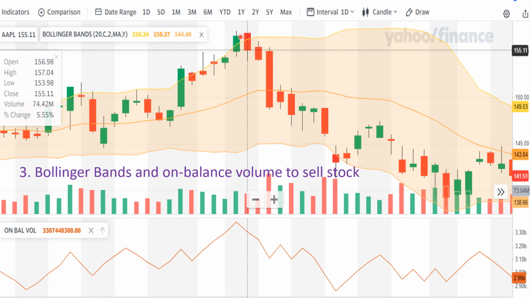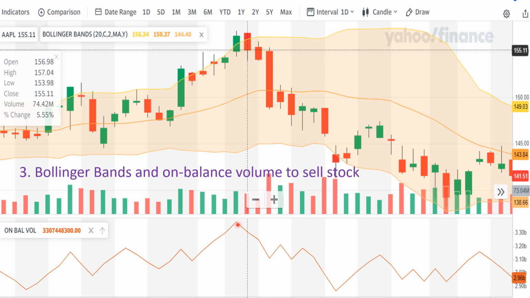It suggests that the stock is in an overbought condition and generates a sell signal. Next, we check the on-balance volume curve to confirm that the selling pressure is increasing.